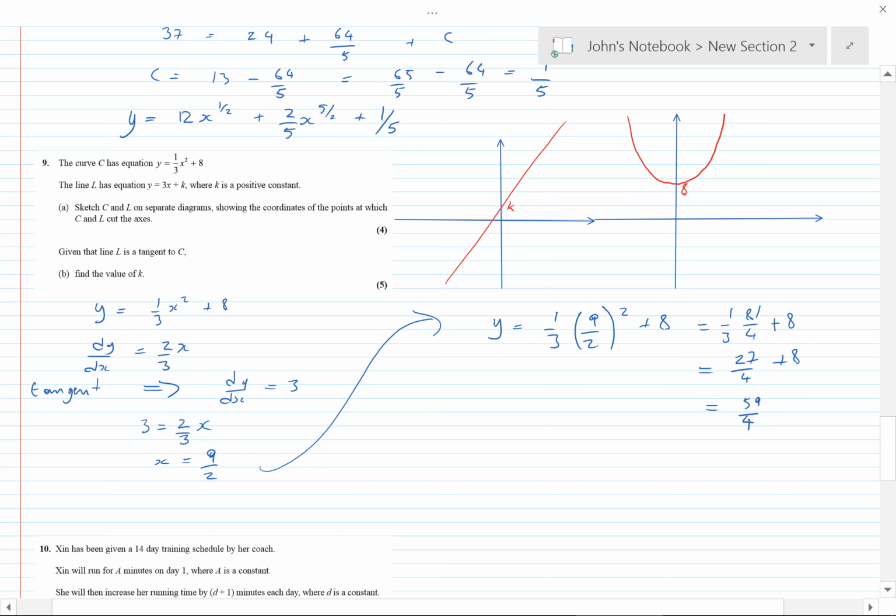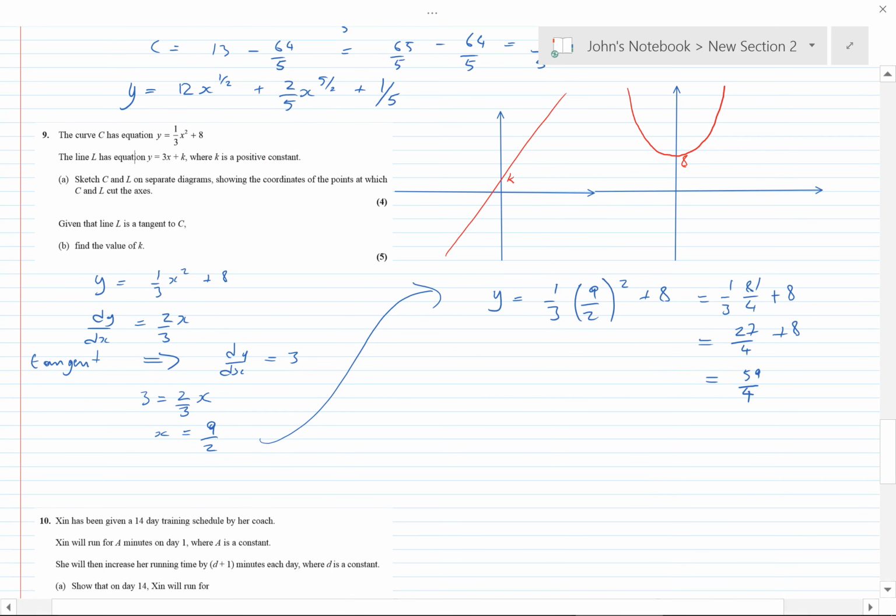Or I could use the fact that the two equations have got to be the same at this point, but I've worked out y is equal to 59/4, so I'm going to basically put it into this form here. So we've got y minus y1 is equal to 3x, and y1 in this case is obviously 59/4.